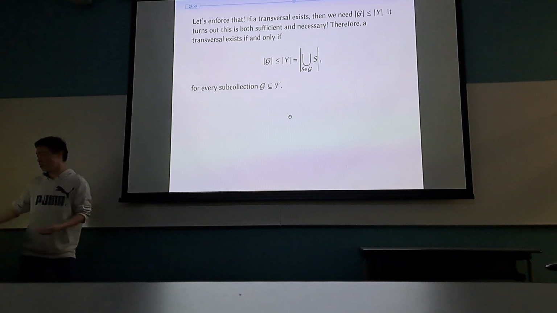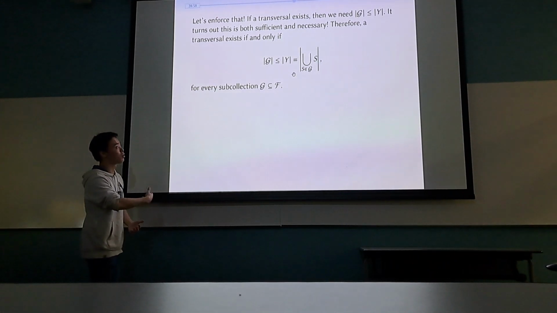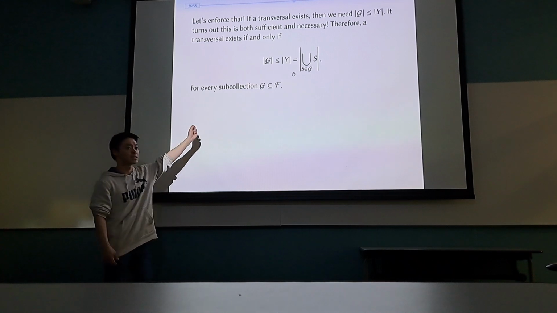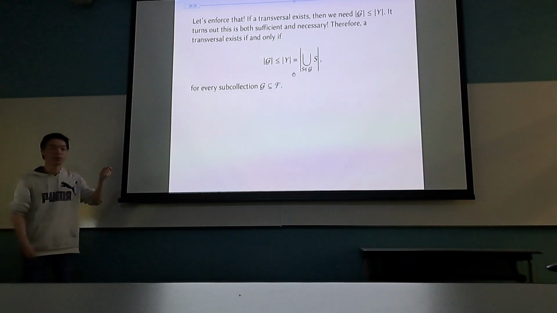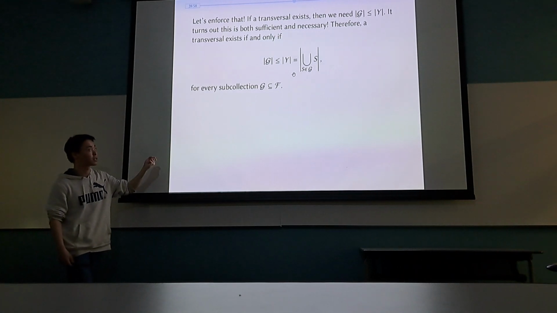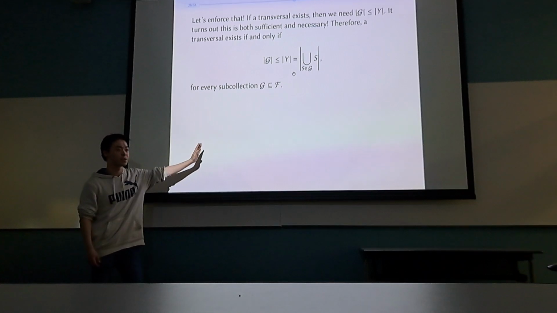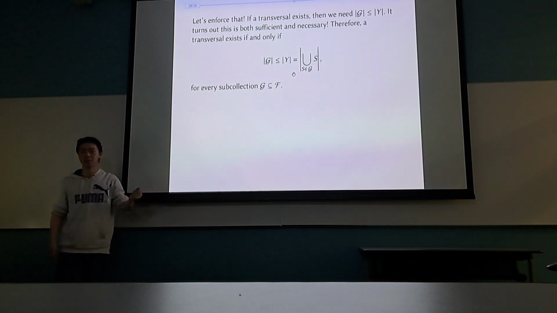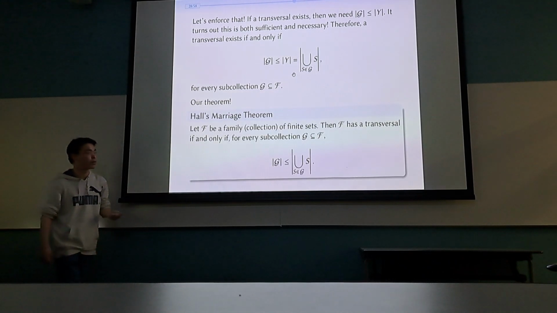And we can write Y to be the union of all of the elements in my set G. This has to hold for every subcollection or subfamily G. And this is basically our theorem.